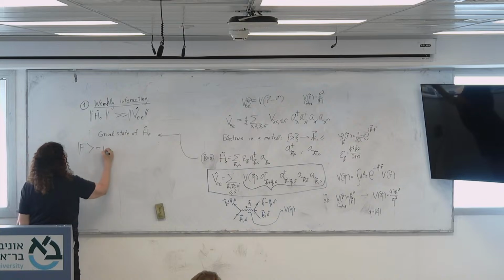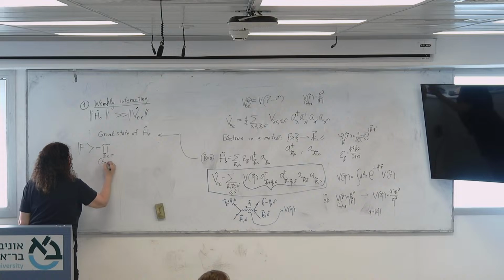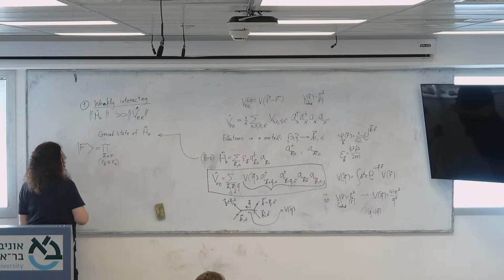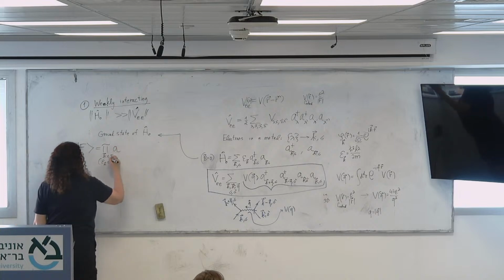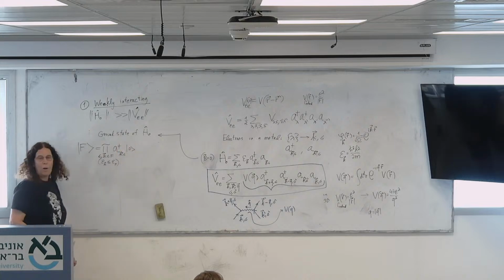It's going to be, if I write it explicitly, all the k for which, and I'm writing again the definition, epsilon k is smaller than epsilon F, and you also have a product of all the a k sigma dagger acting on the vacuum. This is the ground state, right?